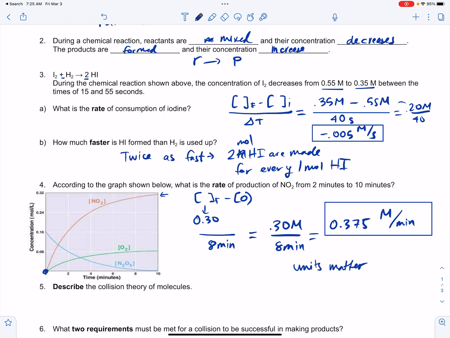All right, let's look at the next one about collision theory.